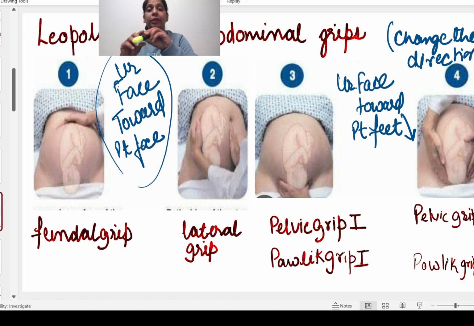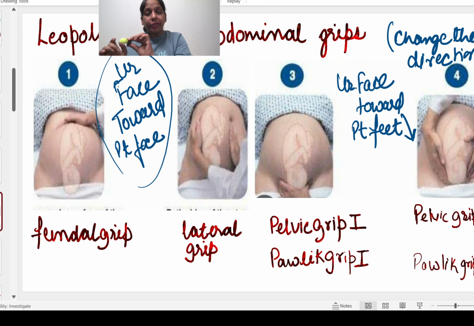For example, this pen is the patient lying down, and this is the patient's face. So my face is toward the patient's face. All three grips are done like this. Okay, so the first grip is the fundal grip, where the fundus is ending we do the first grip. Then is the lateral grip.